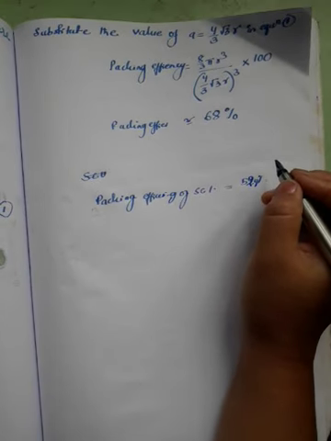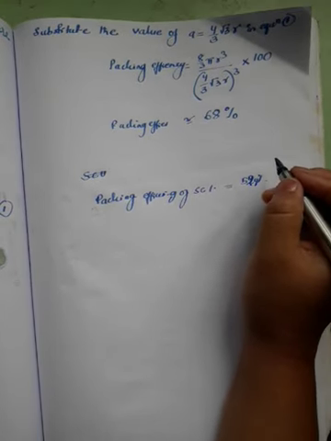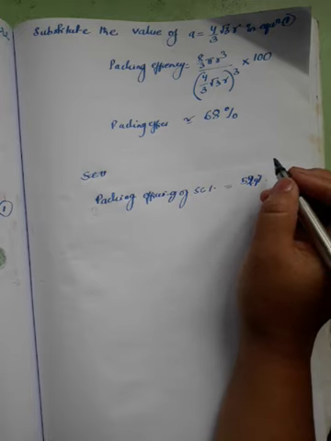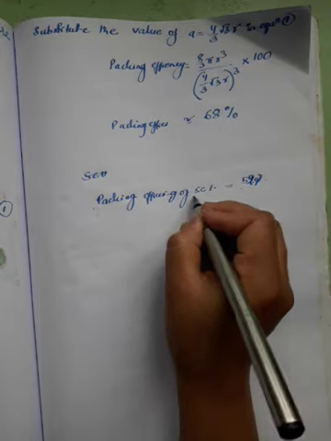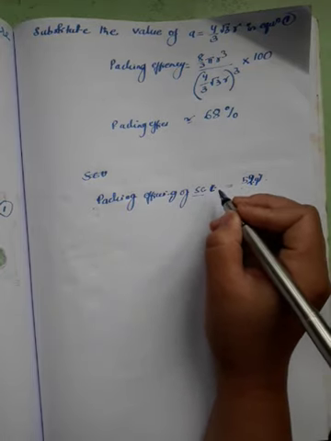That means among the three types of packing or structure, HCP or CCP is the most efficiently packed, and the least packed is the simple cubic lattice.